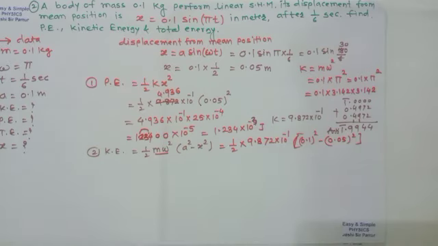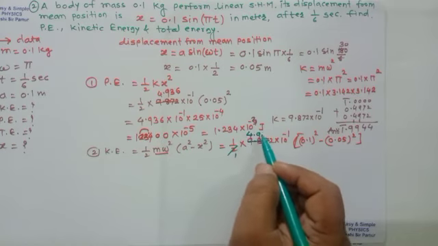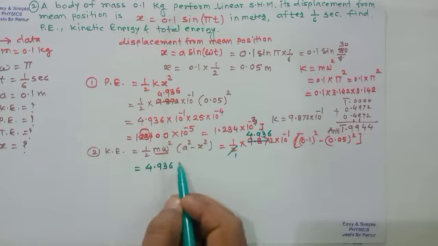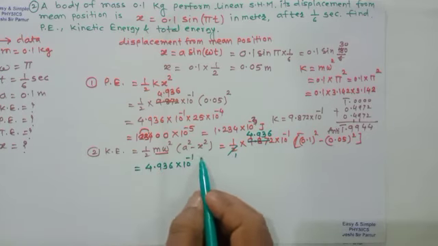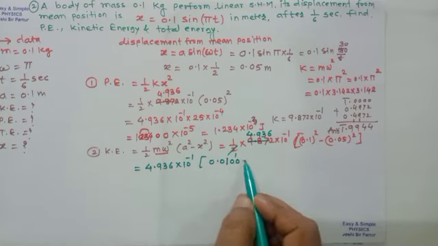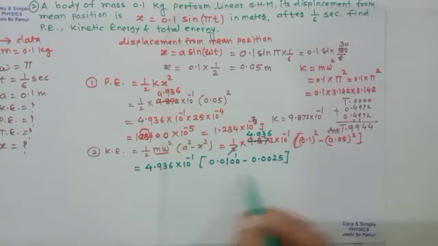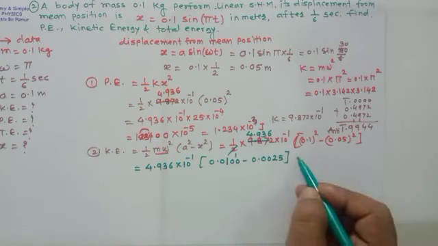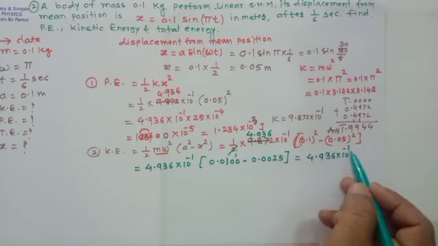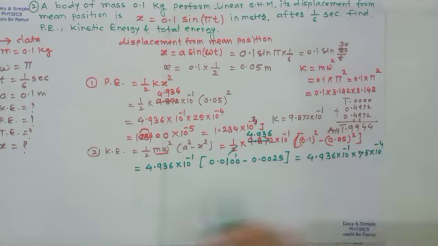Dividing, it is 4.936. So kinetic energy will be 4.936 into 10 raised to minus 1 into (0.0100 minus 0.0025). If we subtract here, it will be 4.936 into 10 raised to minus 1 multiplied by 75 into 10 raised to minus 4.